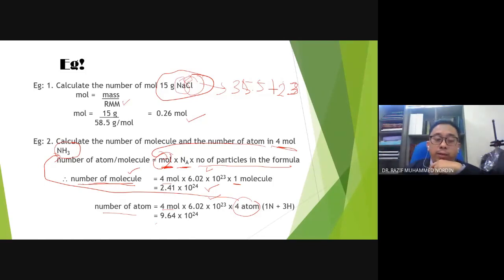There are 1 atom of nitrogen and 3 atom of hydrogen. That's why you dapat 4 atom. So by using calculator, you akan dapat 9.64 times 10 to the power of 34.